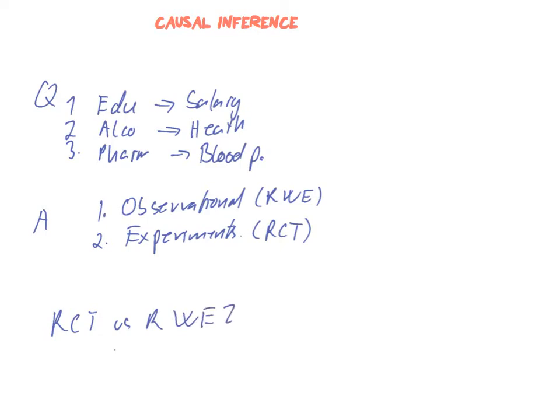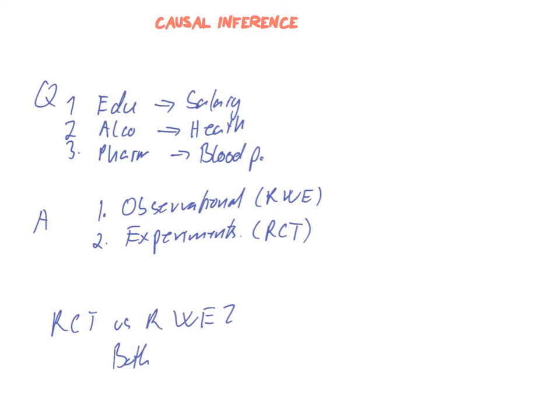We should try to gather both evidence, but there are some differences. Randomized controlled trials have one big advantage, which is that we can compare the people or the outcomes because there is no systematic difference between the people who get the intervention and the people who do not get the intervention. At least ideally there is no such difference.